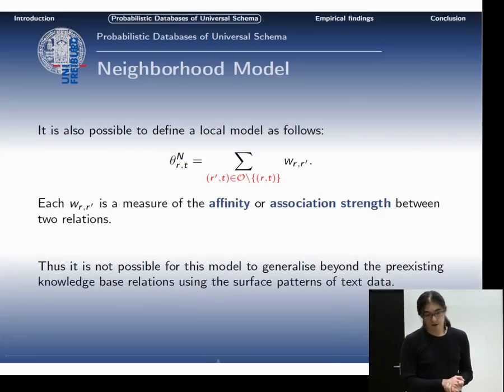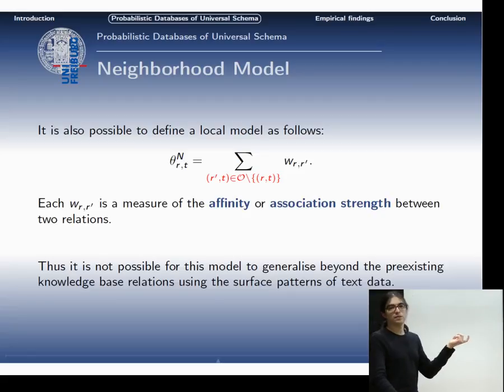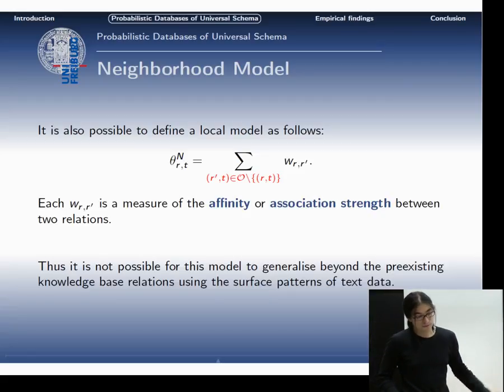We can also define our parameter to be something like this. It is a local model, which means that for each pair R and T, for each relation and tuple, it takes this sum over all other observed relations except the one we are considering.